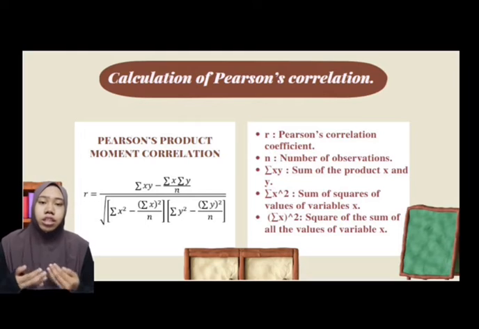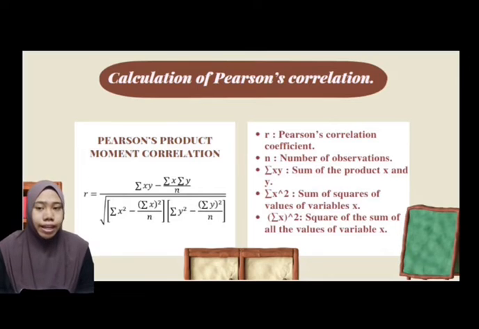Next, sum of x squared is the sum of squares of the values of variable x. And lastly, in the bracket, sum of x, squared, is the square of the sum of all the values of variable x.